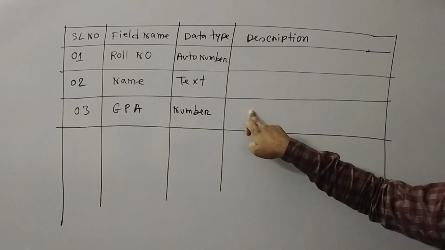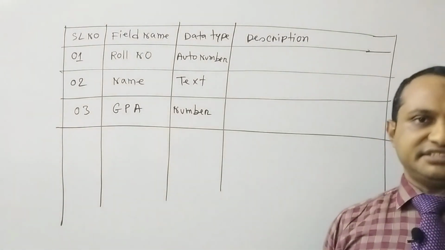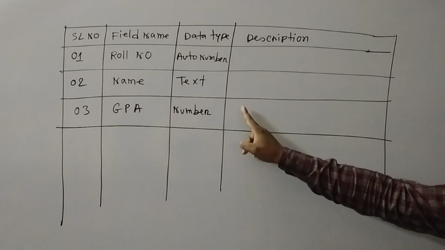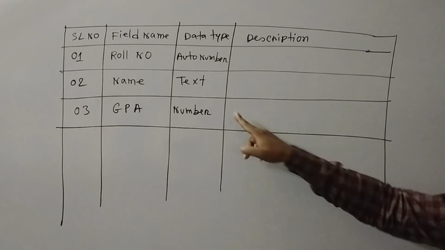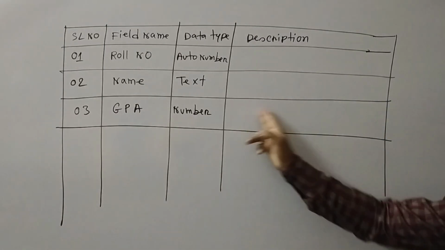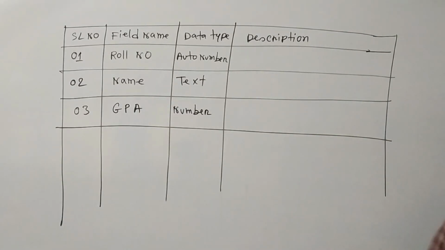You have to write here, number data type is used to write number related data. The description will be: this data type is used to write any number related data. Right, everybody? Description is very easy.